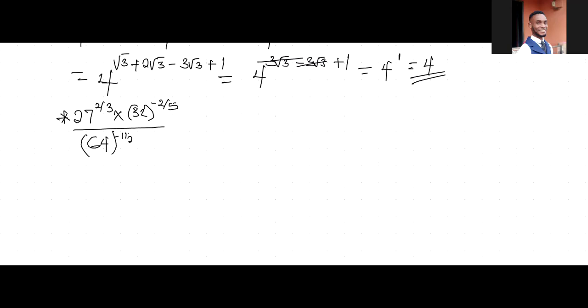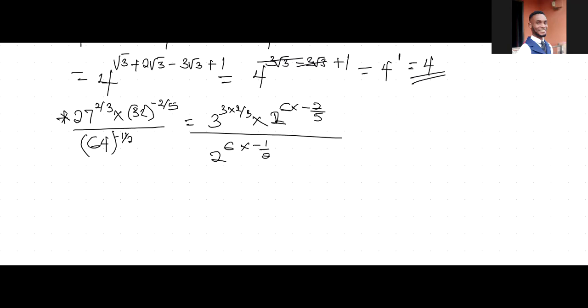For something like this, what we'll do is express everything in index form. So 27 is the same as 3 raised to the power of 3, then multiplied by 2 over 3, then 32 is 2 raised to the power of 6 multiplied by minus 2 over 5, then divided by 64 is 2 raised to the power of 6 multiplied by minus 1 over 2.